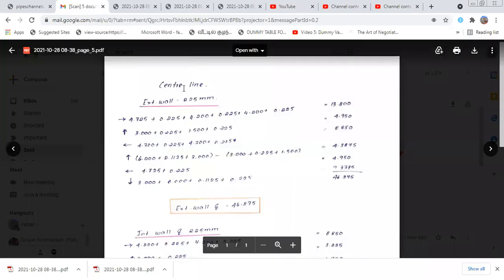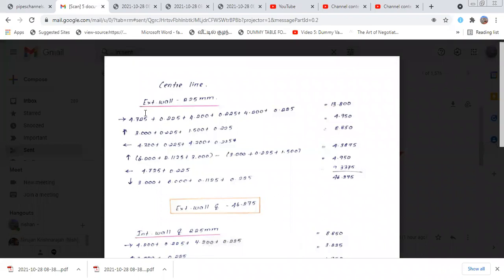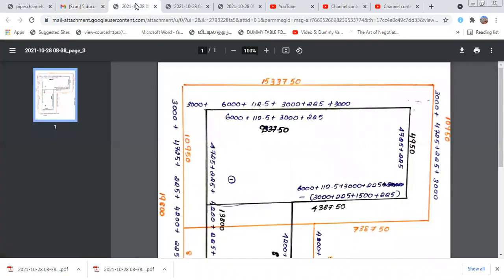For the center line, there's an external wall for the 225 millimeter wall. This section here, you can see.